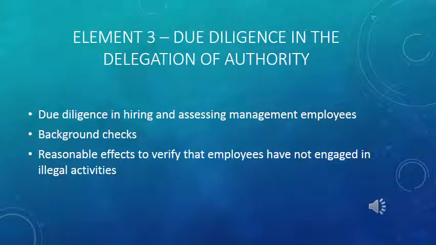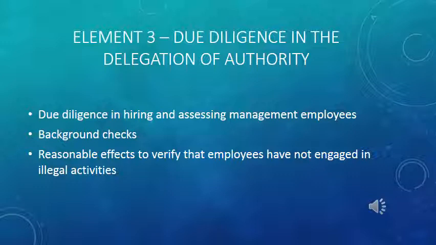The third element of an effective compliance plan requires that each organization's management team take responsibility for and engage in proper due diligence in the hiring and periodic assessment of management employees. This element implies that organizational leaders should conduct thorough background checks on all new management employees and periodic background checks on existing management employees.